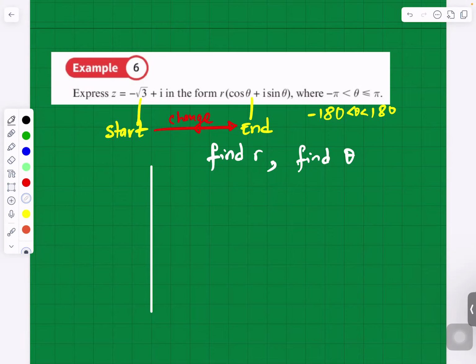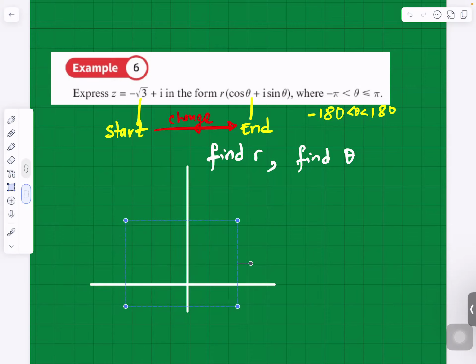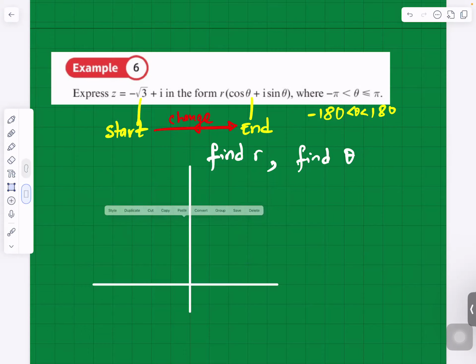If you draw a diagram, that way you can see the angle clearly. If you don't draw a diagram, you might easily make a mistake. So it's minus root 3. If you go minus root 3 to the left and 1 up, we don't know exactly where minus root 3 would be, but we just mark it roughly.